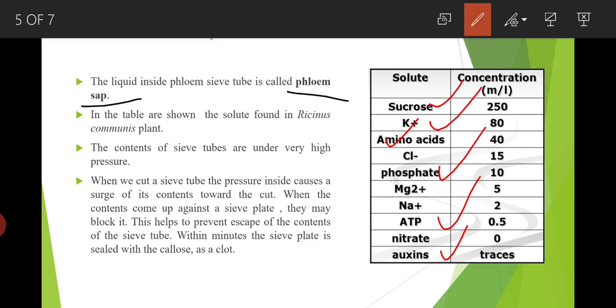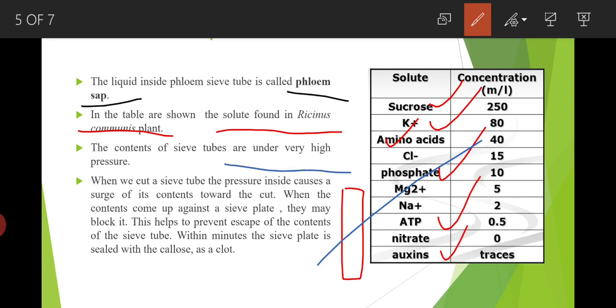In this table, the solutes found in the plant Ricinus communis are shown. The contents of the sieve tubes are under very high pressure. When we cut a sieve tube, the very high pressure inside moves the contents toward the cut.